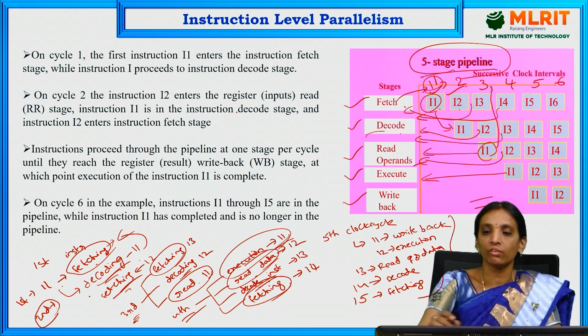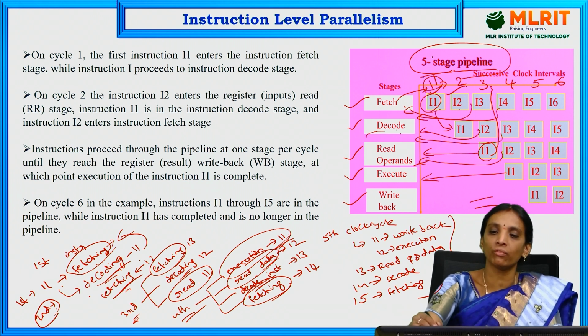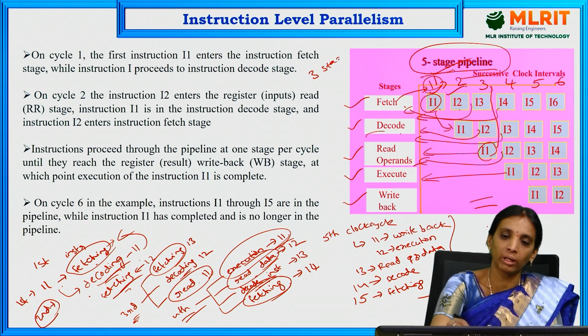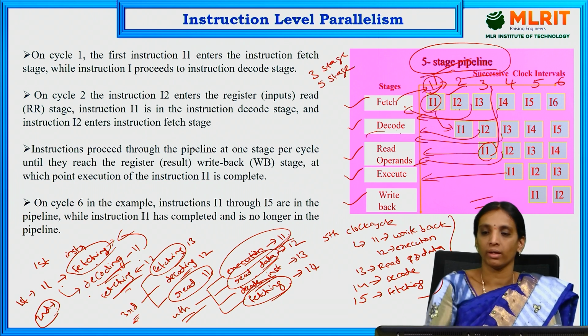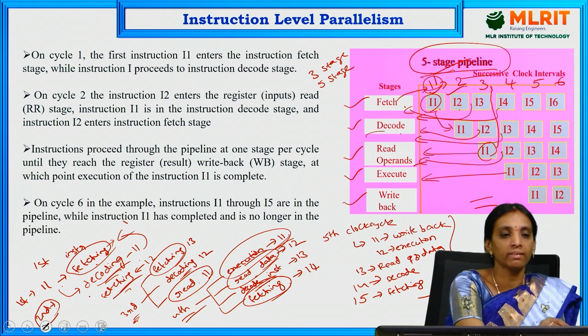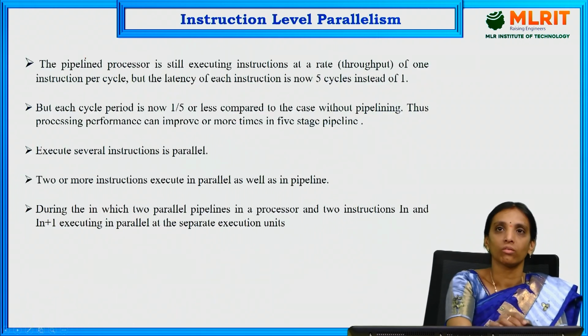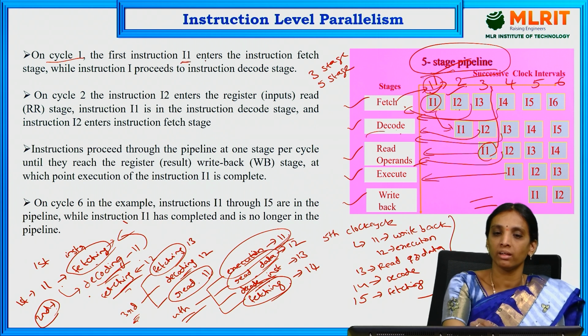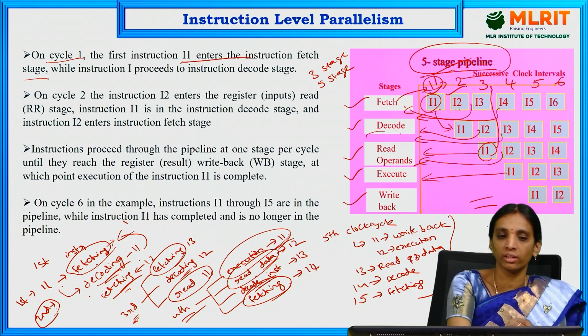Here is an example of a 5-stage pipeline. Some processors follow a 3-stage pipeline, some follow a 5-stage pipeline. As you can see, in clock cycle 1 the first instruction enters the fetch stage.